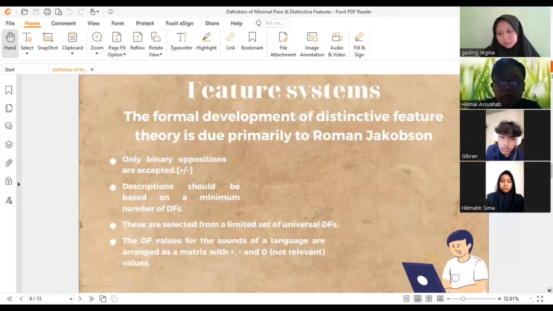The last requirement is needed to make the theory verifiable and falsifiable.